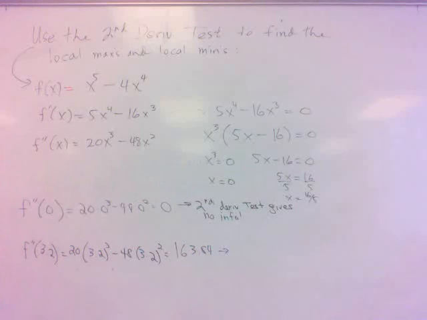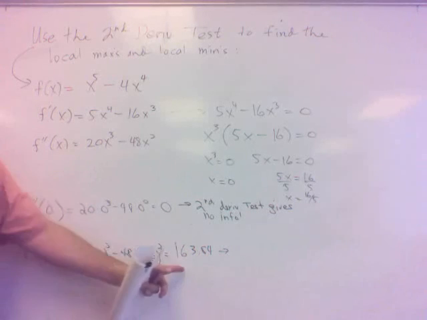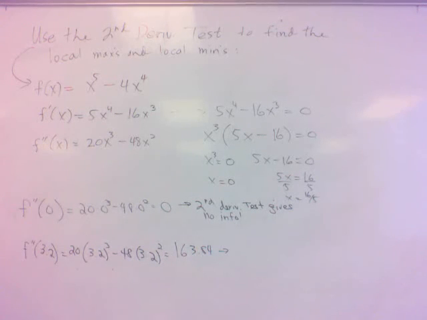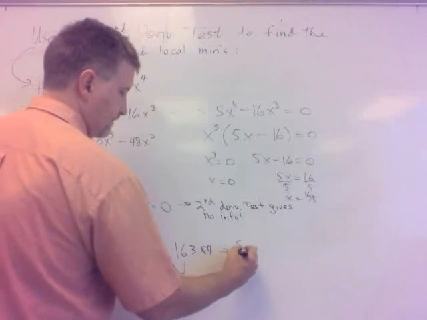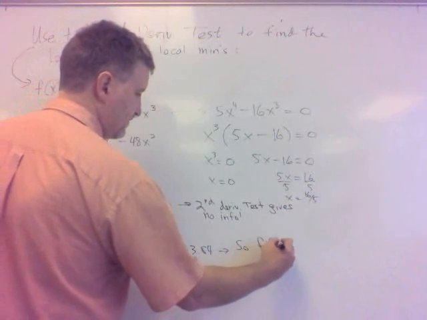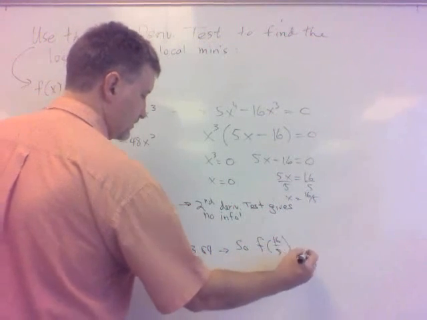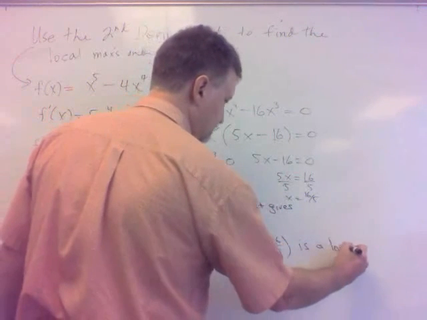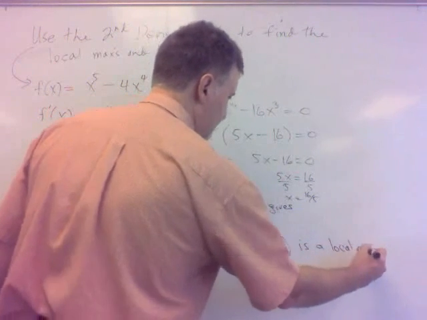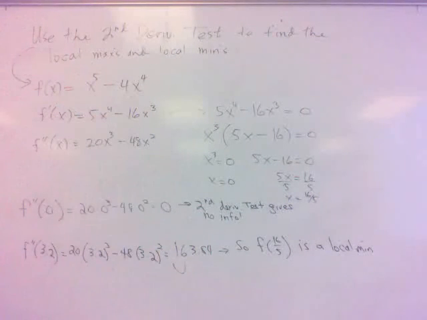So the second derivative is concave up there. That's a local min. So f of 16/5, 3.2, whatever you want to call it, is a local min. So we get half the answer out of that.